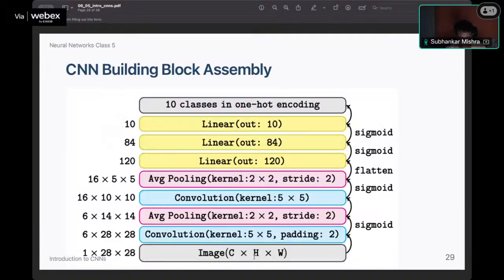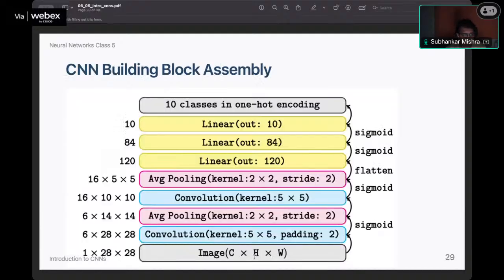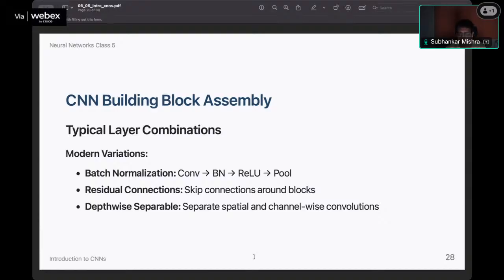So those are also applied, and then depth-wise separable. Basically, this specifically tells that your input channels, the features, are calculated in abstraction.